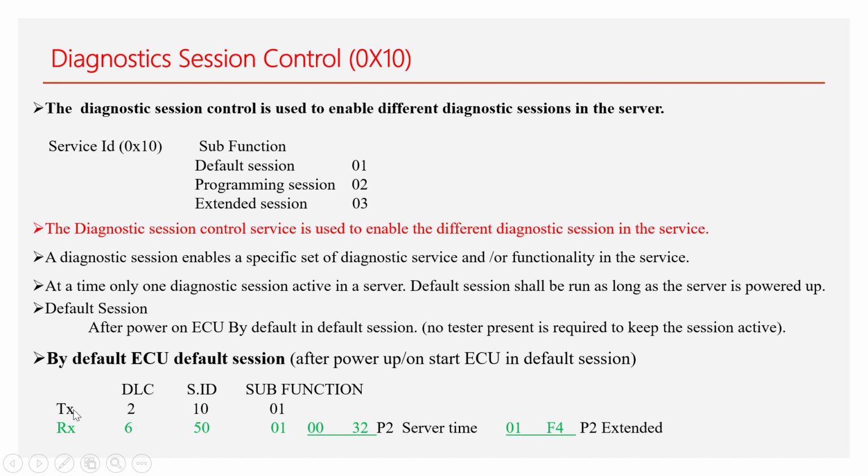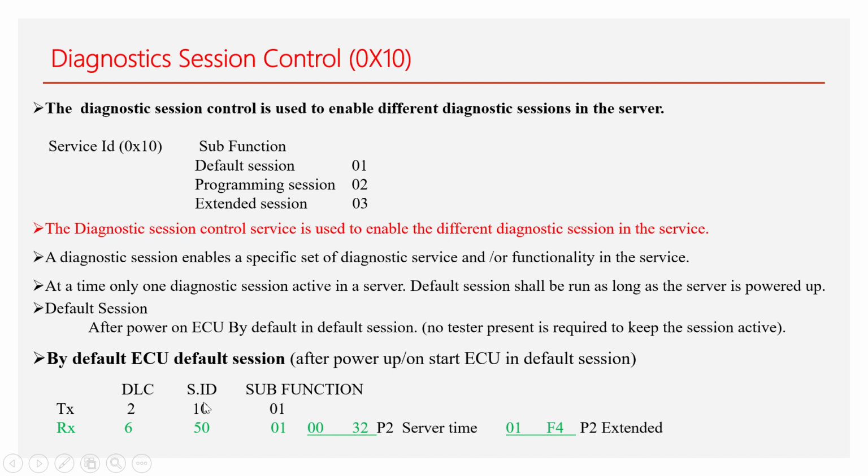This is the transmitter and this is the receiver. When we give the message, DLC means data length code, SID means service ID, followed by the subfunction. Service ID and subfunction are 2 bytes, so the data length is 2. This is the request I am giving to the ECU.